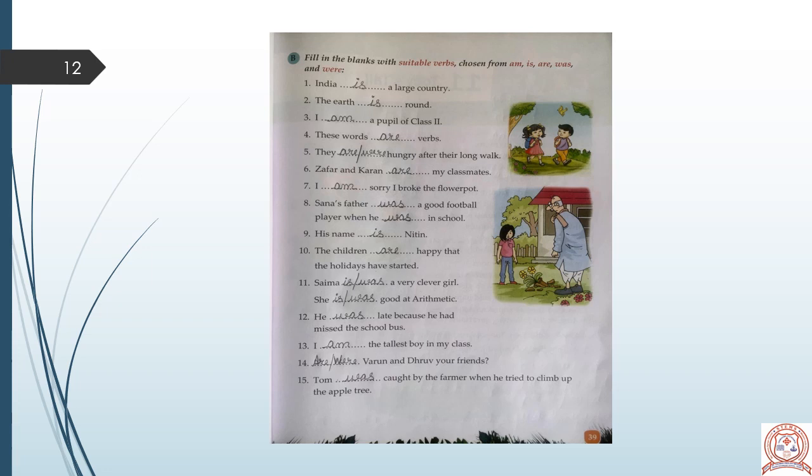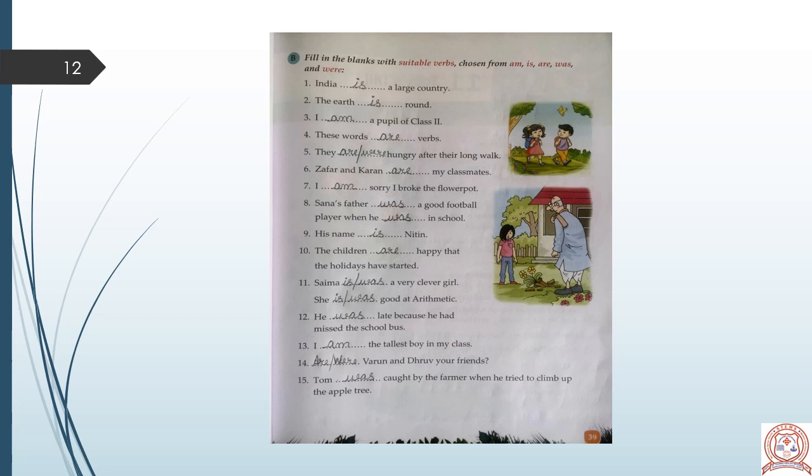I am sorry I broke the flower pot. Sana's father was a good football player when he was in school. His name is Nitin. The children are happy that the holidays have started.